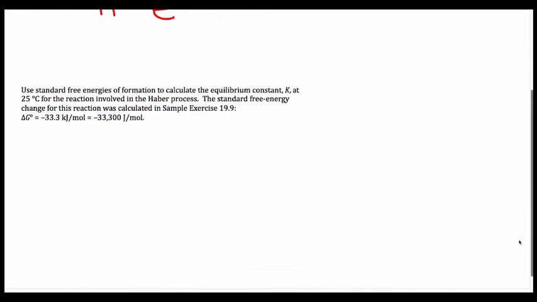Then when I plug in all these numbers for my problem here, it says using the standard free energy of formation, we're going to calculate the equilibrium constant K at the same temperature. I have the values for delta G naught that we got from a few problems ago. So I'm just going to have K equal e to the negative G naught over RT.